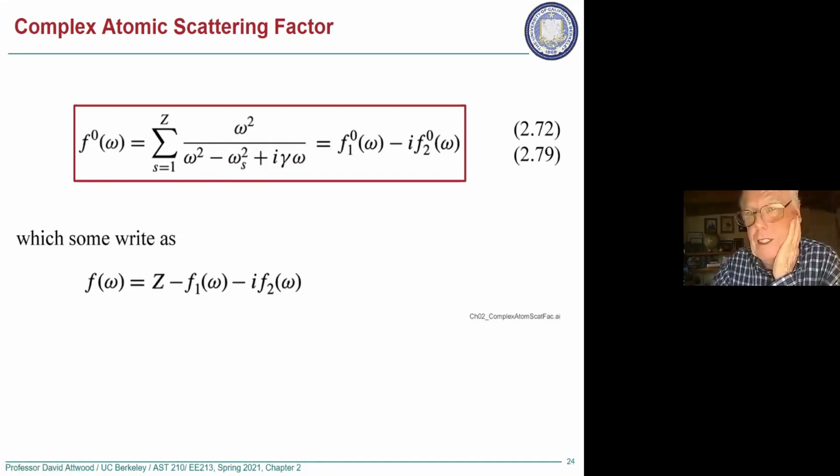So for silicon, this thing in the graphs that we saw before kind of was leveling off near Z equals 14, okay? So for people who deal with really hard X-rays for diffraction from crystals at say 20, 30 kilovolt, they will write this thing on the right as Z minus F1. They still have the minus F2, but they'll have Z minus F1 because they're so close to Z to start with.